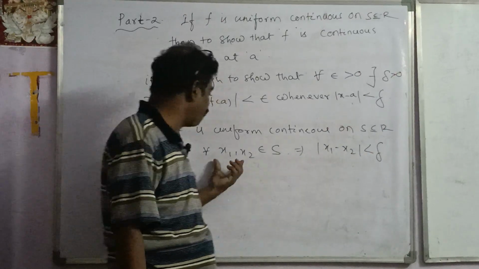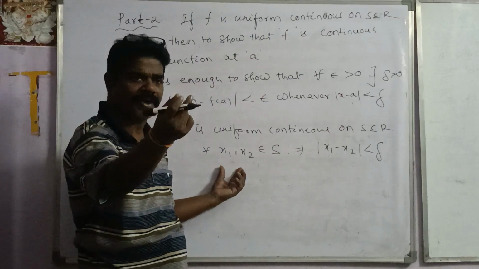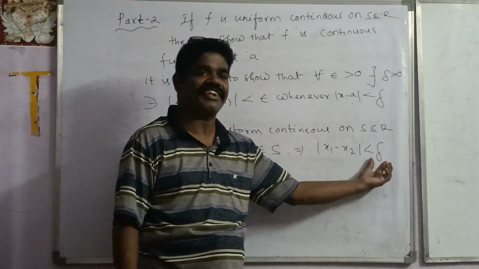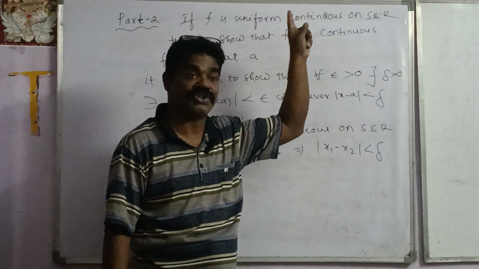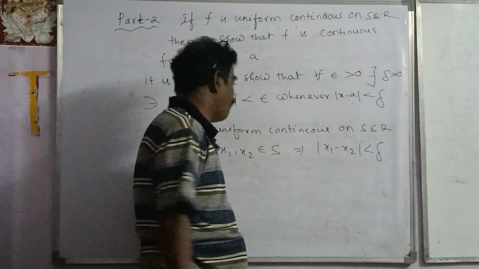Mod value in between the 2 points is always a very small positive number. The positive number I have taken is delta. This is also the given condition for the uniform continuous, right? Fine.